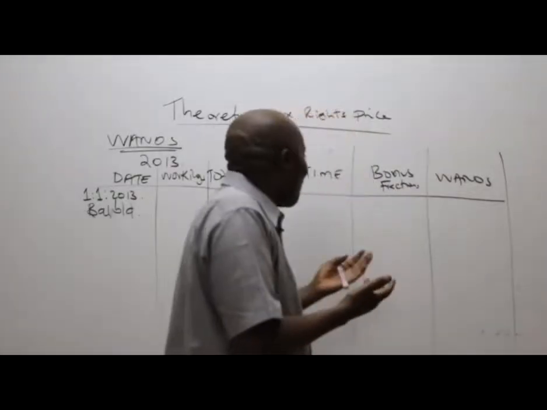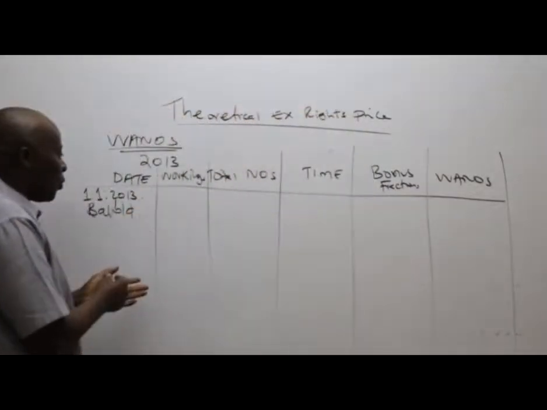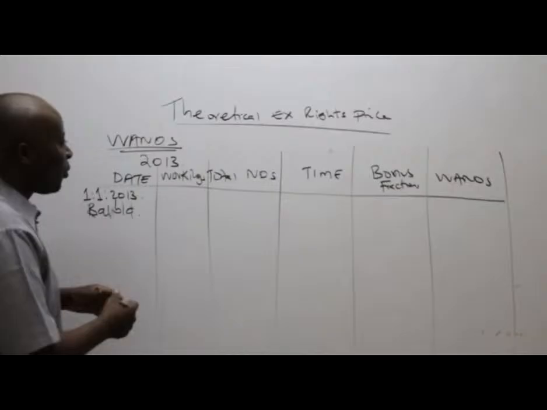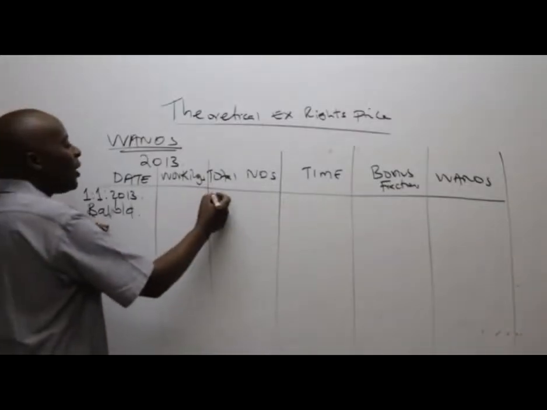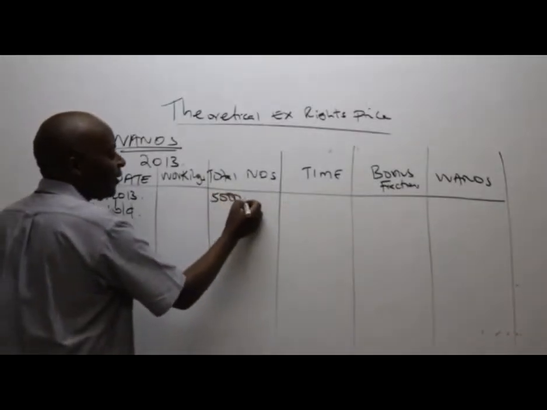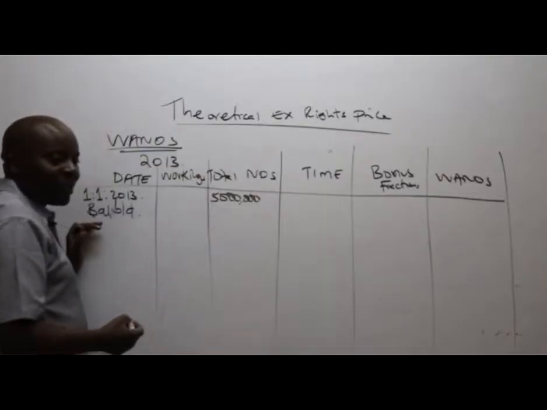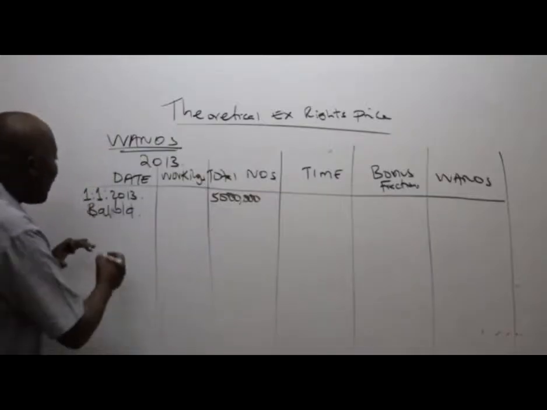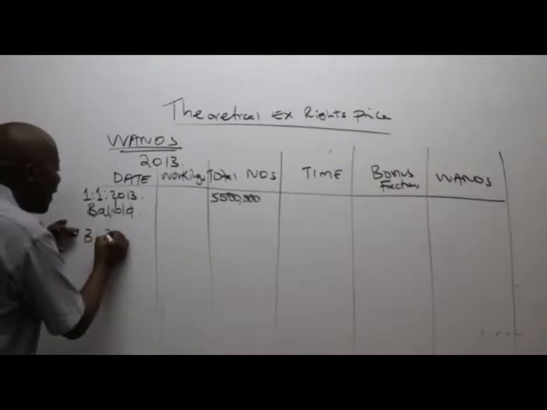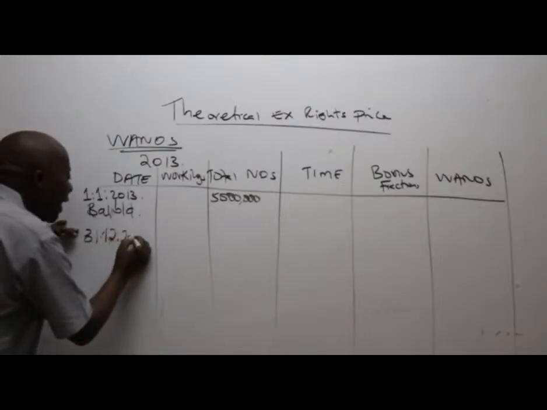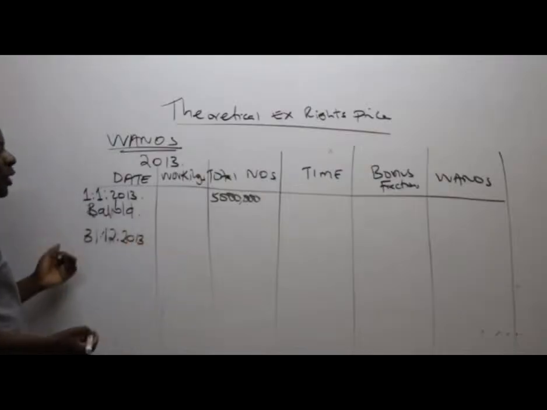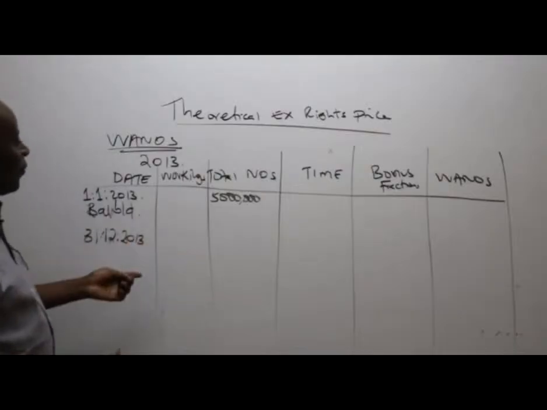I ought not even to have drawn this kind of a big table for 2013, because in 2013 the total number of ordinary shares here were 5 million. All the way up to the end of 2013, there was really nothing here.